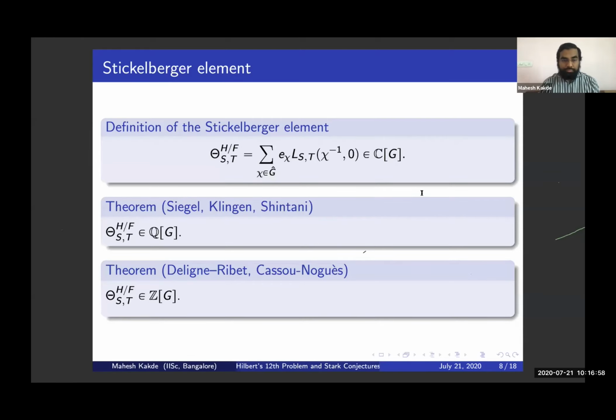I just realized a typo, but I'll come to that later. These e_chi are the idempotents, the group ring idempotents.